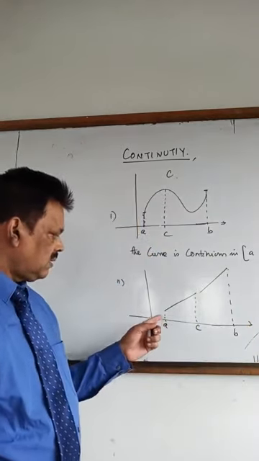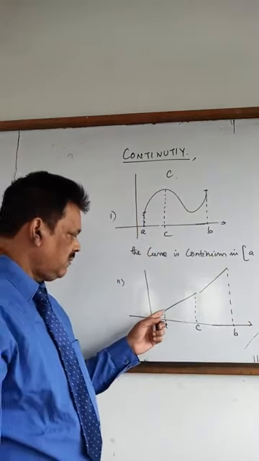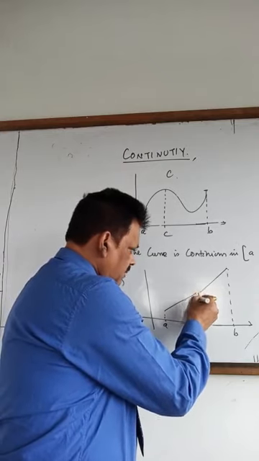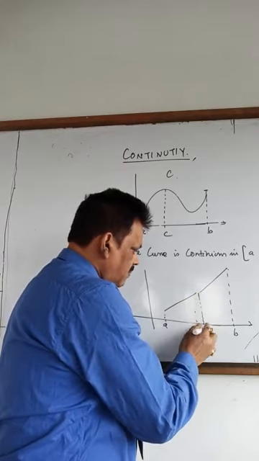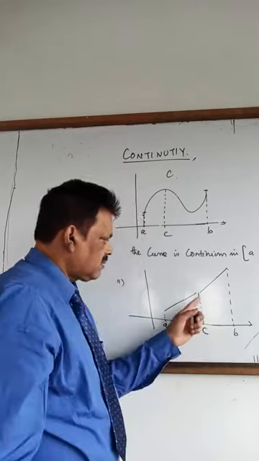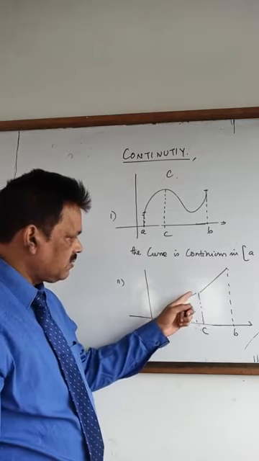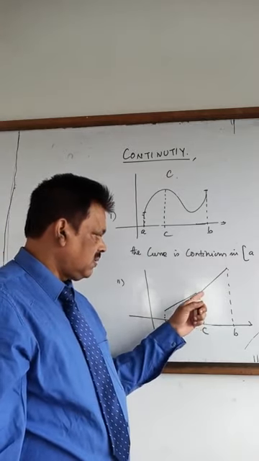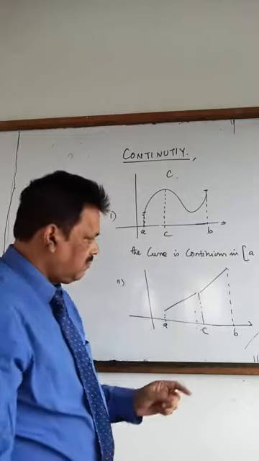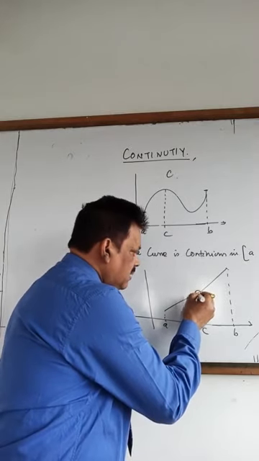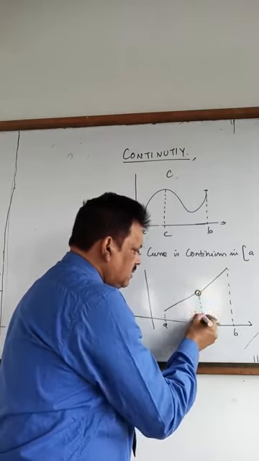When I talk, a curve is discontinuous from A to B, because in between you find a point where the curve is broken, and again from here it starts and continues up to B. So I can say the curve is continuous from A to C, the curve is continuous from C to B, but the curve is discontinuous at a particular point, that is at C. That is what we are going to discuss.